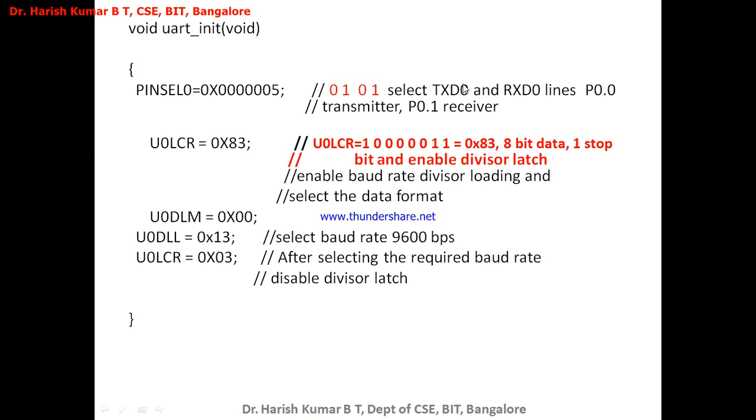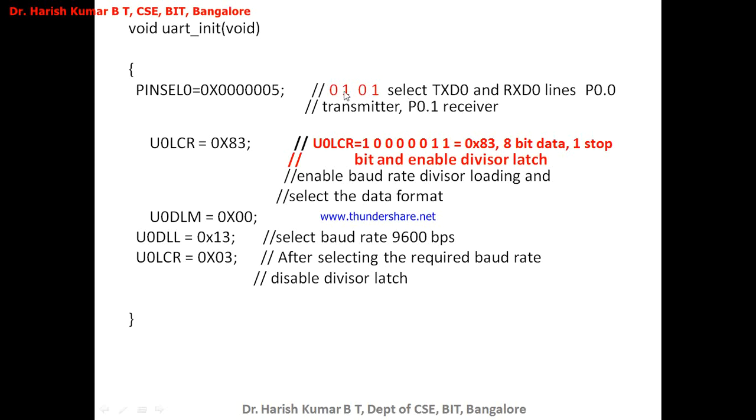Now to select the transmitter and the receiver lines. Now in the previous classes I explained, P0.0 acts as the transmitter and P0.1 acts as the receiver. Now if I make these two 0 0, P0.0 acts in the general purpose input output mode. If I give it as 0 1, P0.0 acts as the transmitter.